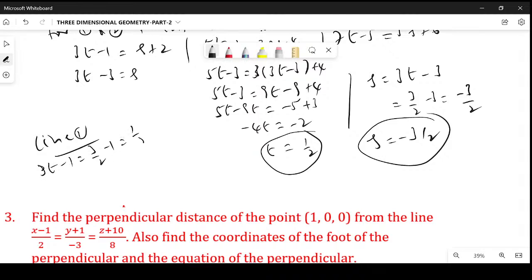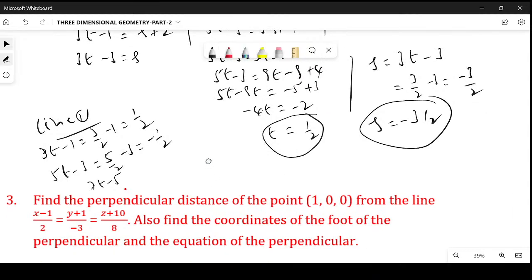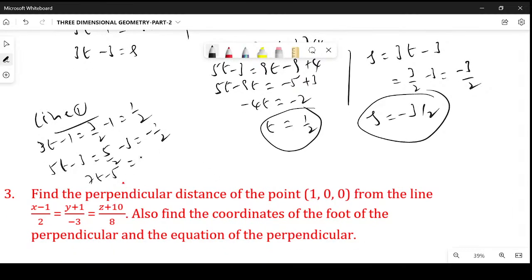So it will come 1 by 2 for 3t minus 1. You can see that I am finding each point here. 5t minus 3: 5 by 2 minus 3, so minus 1 by 2. Another point, 7t minus 5: 7 by 2 minus 5.